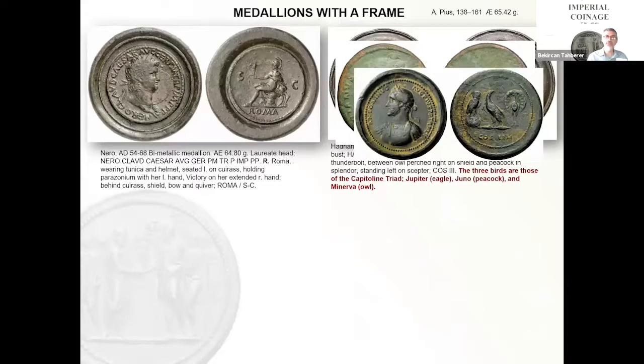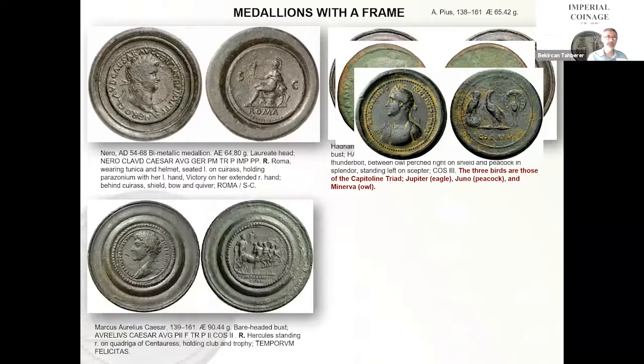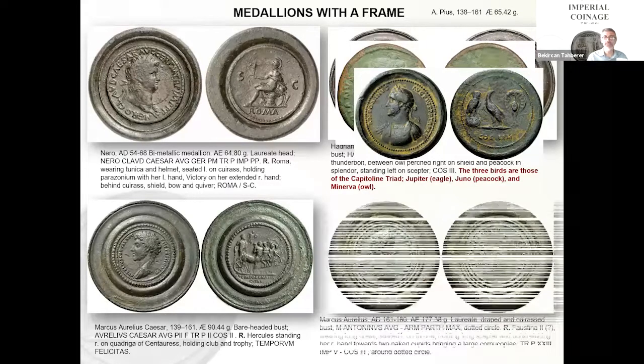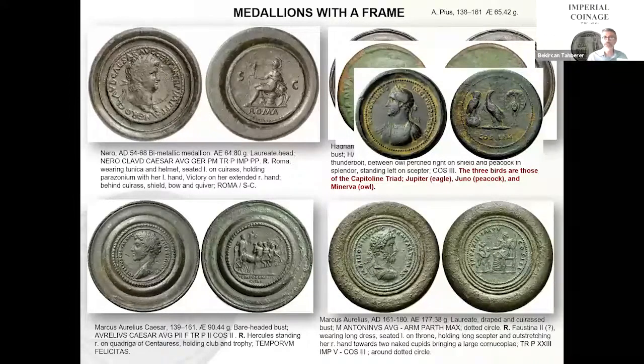And we see that on a medallion of Antoninus Pius, not Hadrian. And this is an interesting piece for Marcus Aurelius as Caesar and Marcus Aurelius as the emperor. These are one piece, so the flans were cast and then they were minted.